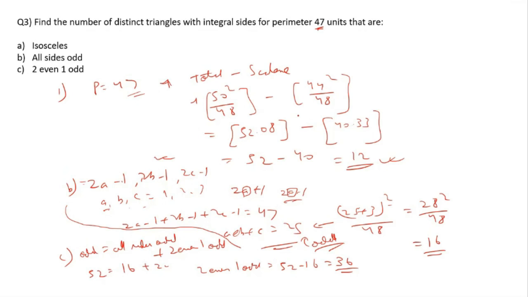For isosceles, subtract scalene, got 12. For all sides odd, found it by the 2a minus 1, 2b minus 1, 2c minus 1. And for the 2 even 1 odd, just subtracted the all sides odd from the total, because there's no other case possible. Cool. So this is another concept.